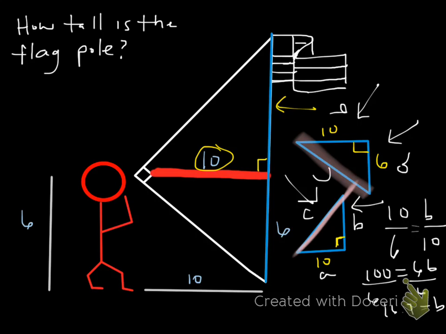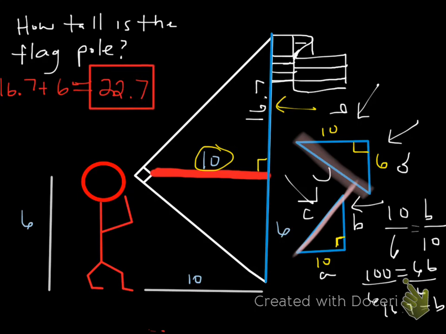Now b is only this part right here. So to answer my original question, how tall is the flagpole, I need to do 16.7 plus 6 in order to get my final answer. Which of course comes out to 22.7. And so my answer is 22.7.